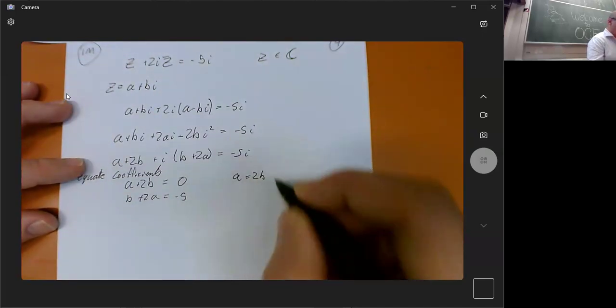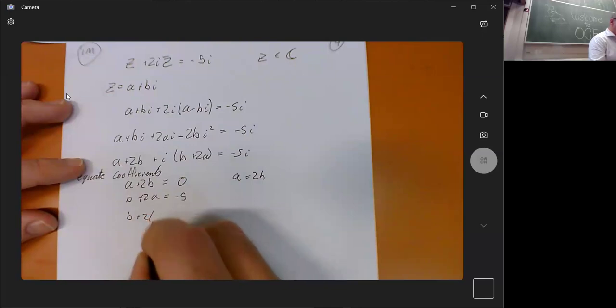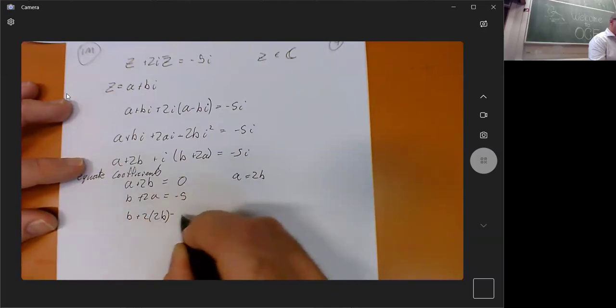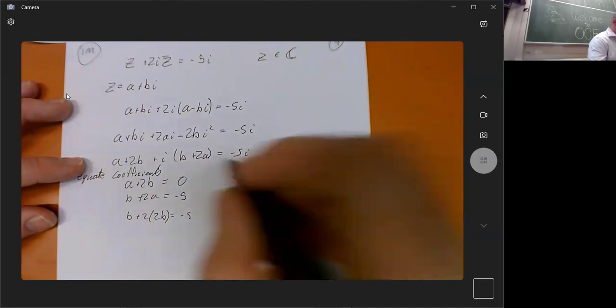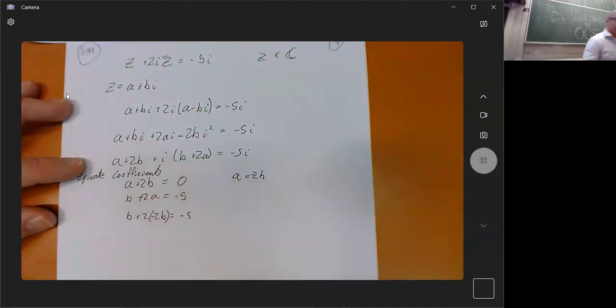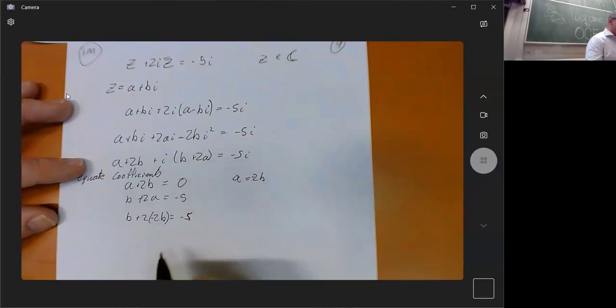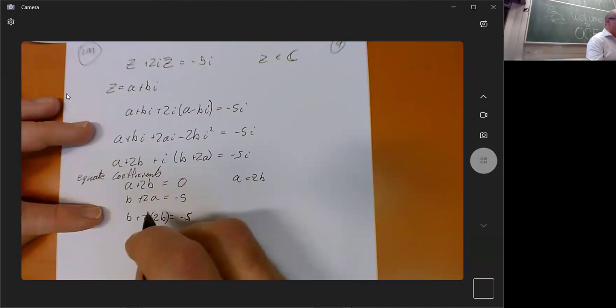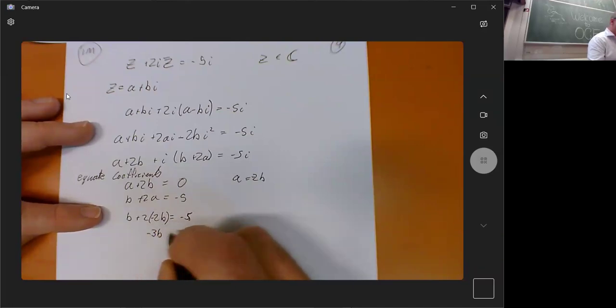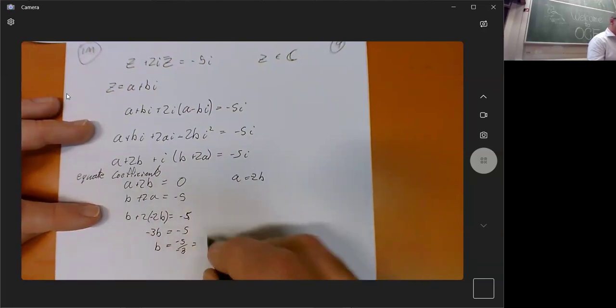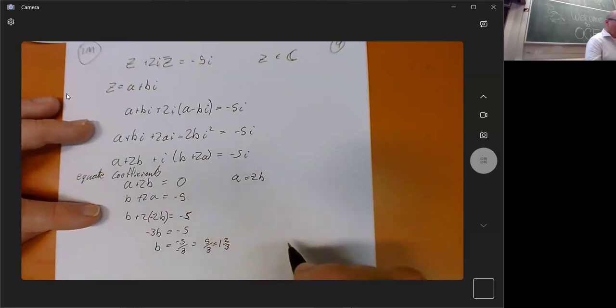So a is equal to 2b, and so b + 2 by 2b is equal to... yes, it is. And so we've got b - 4b is -3b, -3b is equal to -5, b is equal to -5 on 3, which is just 5 on 3, or 1 and 2 on 3, doesn't really matter.